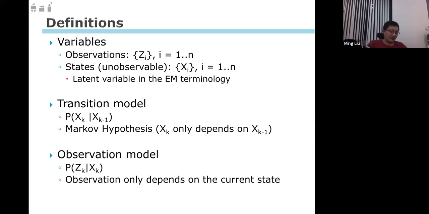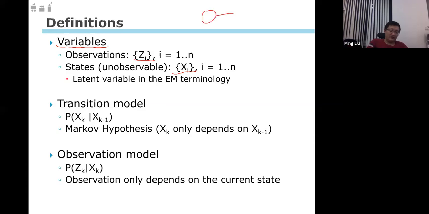So the simplest form of HMM, we can define as you have the following random variables. You have certain observations, Z. And each of these observations is associated with one hidden state, or we call it latent state, which is not directly observable. These are the random variables.